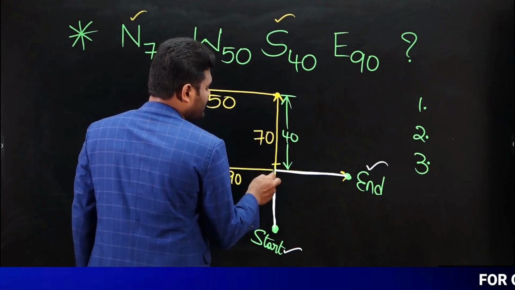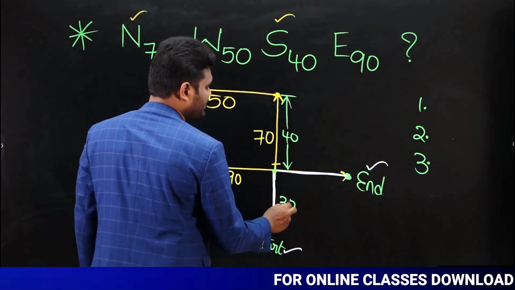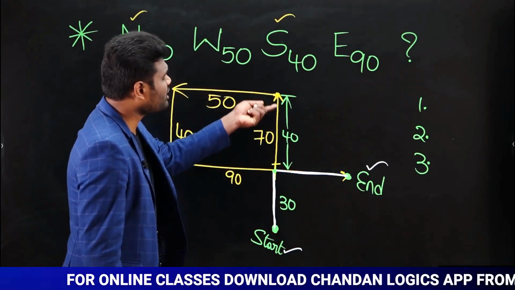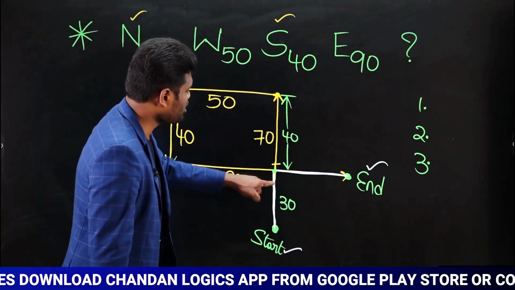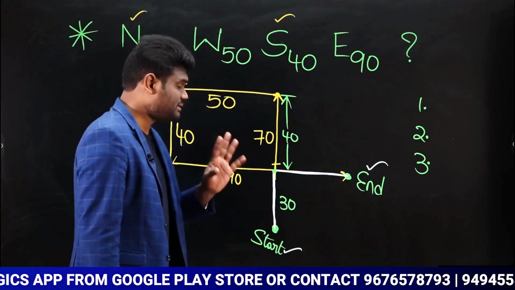Then here to here, the remaining balance is going to be how much? Remaining balance is going to be 30. Why? Because here to here, total is 70. Out of 70, this is 40. If this is 40, the remaining balance should be 30.